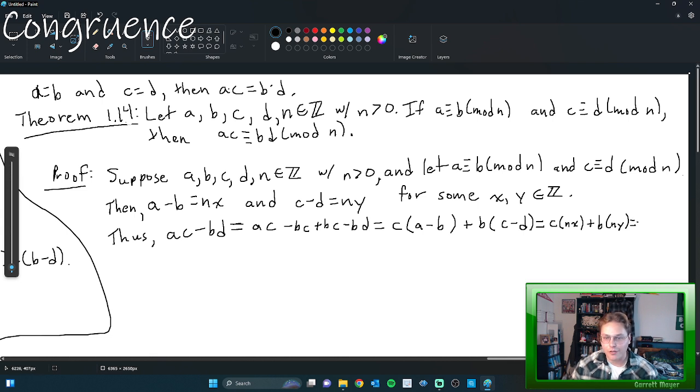So what we can do is factor out the n, and we're left with n times (Cx plus By). And Cx plus By is an integer. So what we have here is n times some integer equals AC minus BD. So we know that n divides AC minus BD. So let's just write that out.